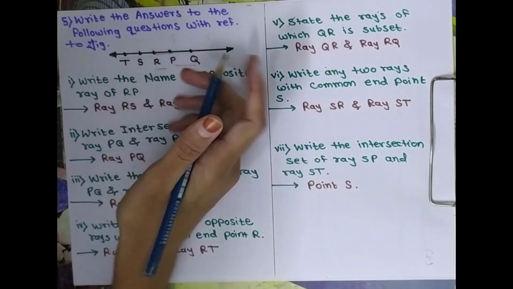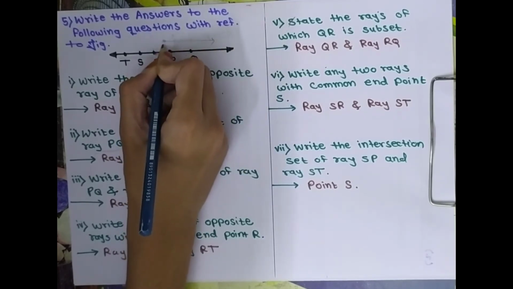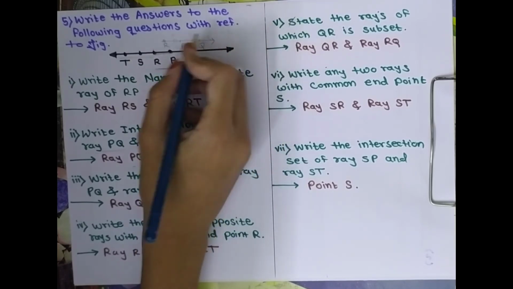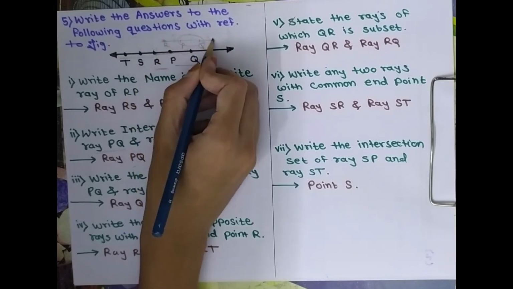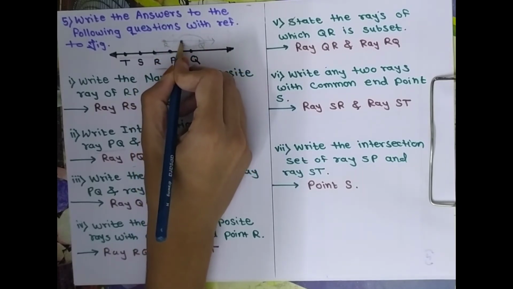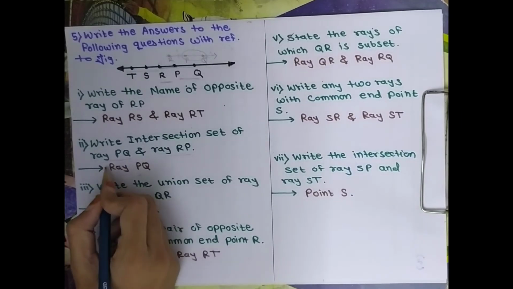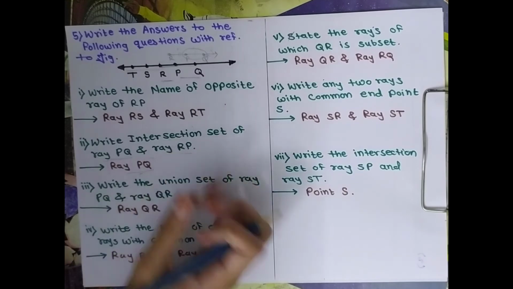If we take this line, here is R, here is P and here is Q. Now PQ is common between this and RP also. Now when we take RP, this also is a ray. So write this: ray PQ is the intersection of ray PQ and ray RP.